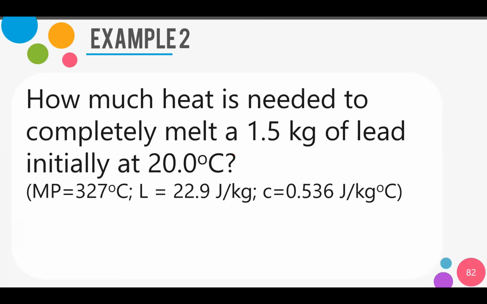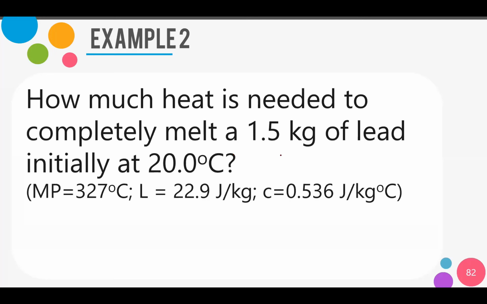But this time, since it stopped increasing its temperature from its melting point, so dalawa lang yung ating isolve. So first is the heat absorbed from 20 degrees Celsius to its melting point, which is 327, and then the heat absorbed as it was changing its state from solid to liquid.